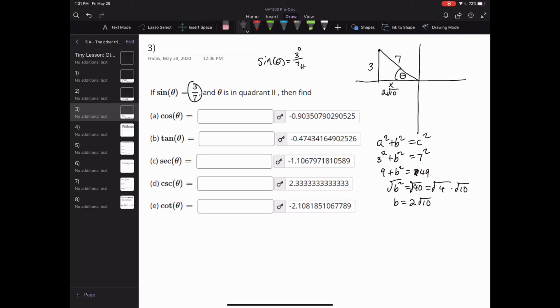And let's do that. So cosine of theta is adjacent over hypotenuse. So that's 2 square root of 10 over 7. And let's type that in and see if we get that. Oh, and I totally missed this. C-A-S-T.